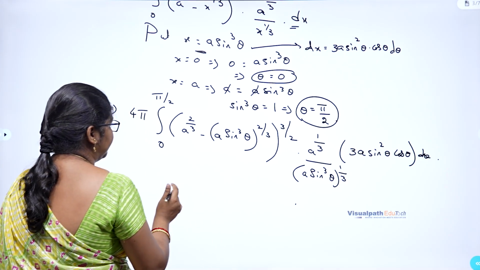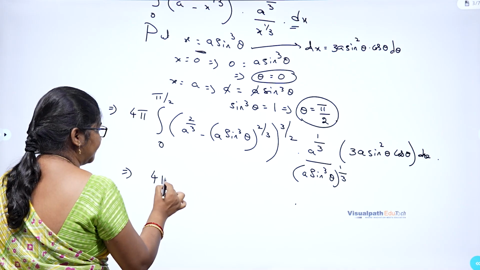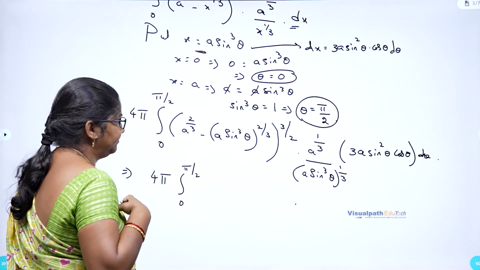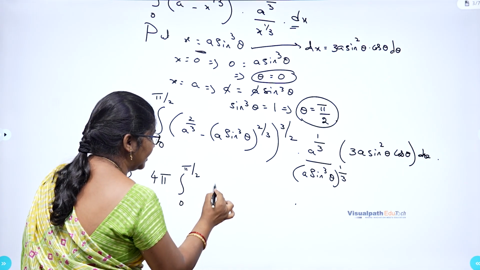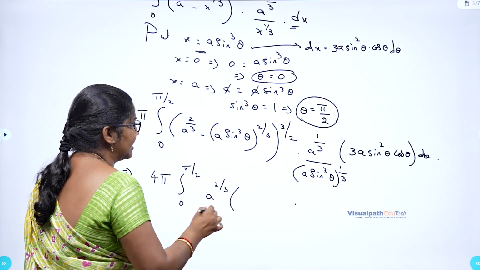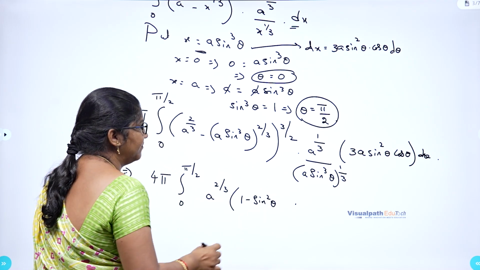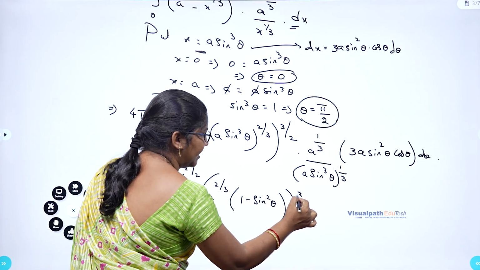Here, this implies 4π integral 0 to π/2. See here, a^(2/3) is common. Here 3 and 3 will get cancelled. We remain with (1 − sin²θ) whole power 3/2.